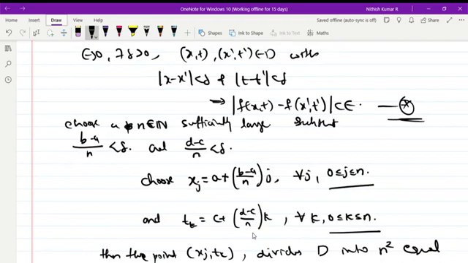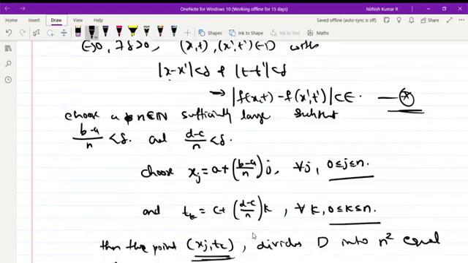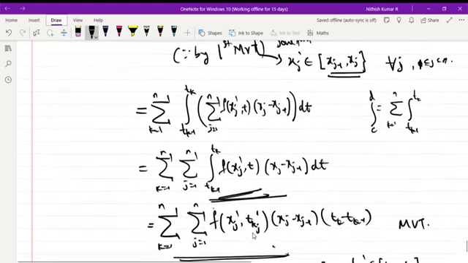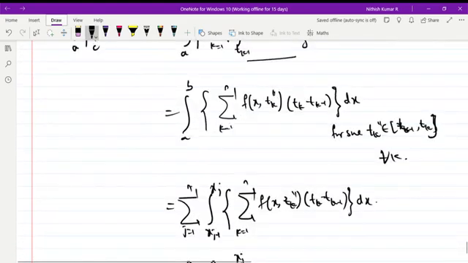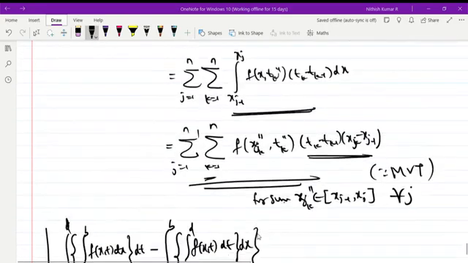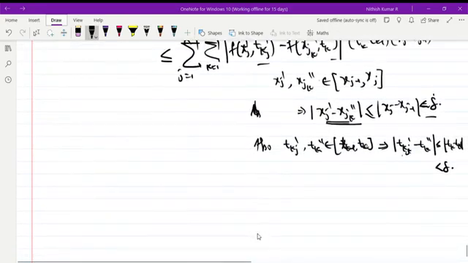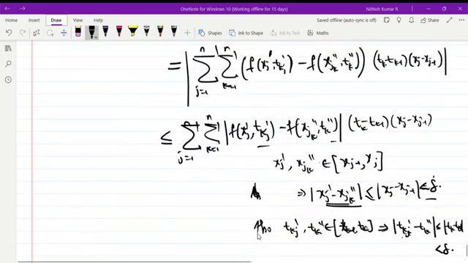That is, these 2 points have distance less than delta, these 2 points have distance less than delta. Therefore, using the star, that is whenever x comma x dash are within delta and t comma t dash are within delta, we have f of x comma t minus f of x dash comma t dash is less than epsilon.